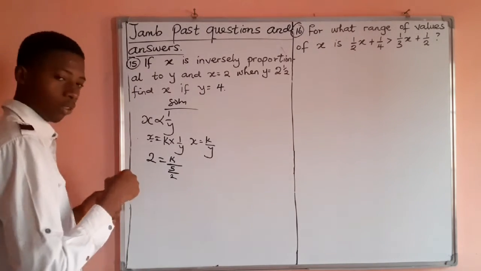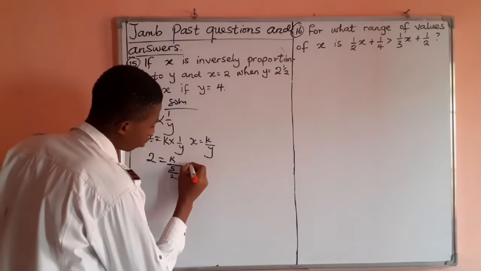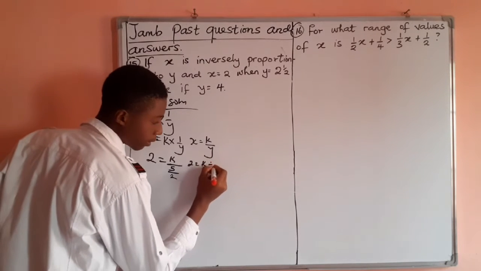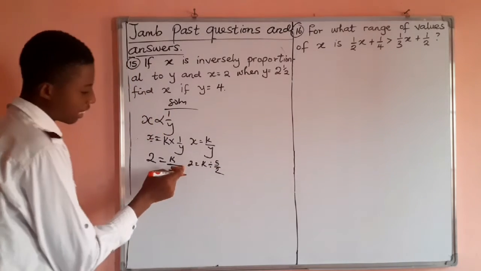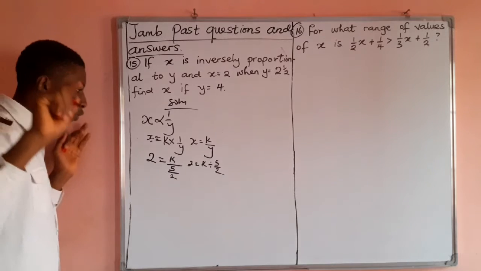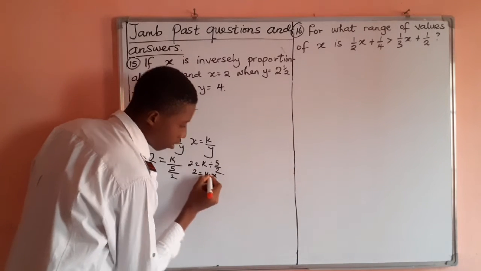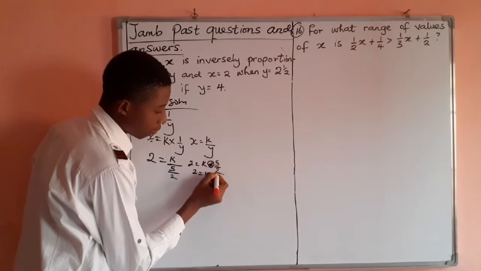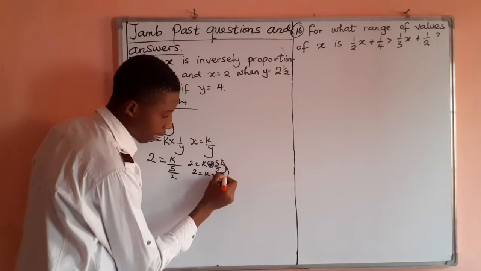Now looking at this, you might be confused, but let me just show you something really quick. If 2 is equal to k divided by 5 over 2, it will make it clearer, because this is still a division. Now remember from your rule of math, when this division is changed to times, the 2 will be going up and the 5 will be coming down.